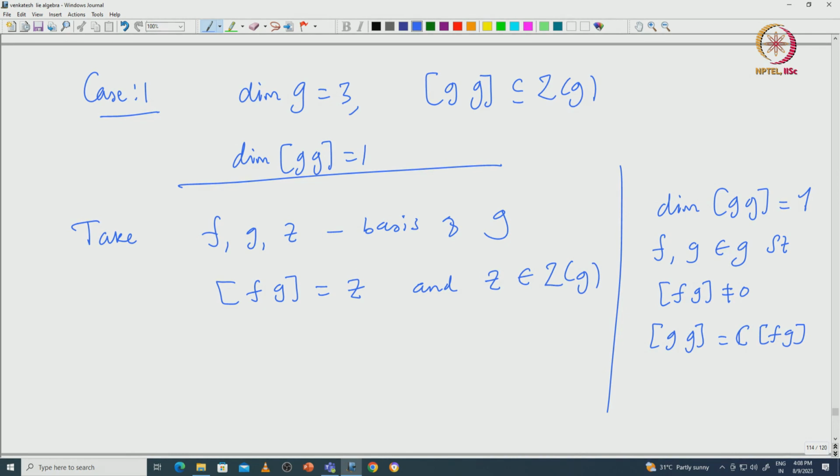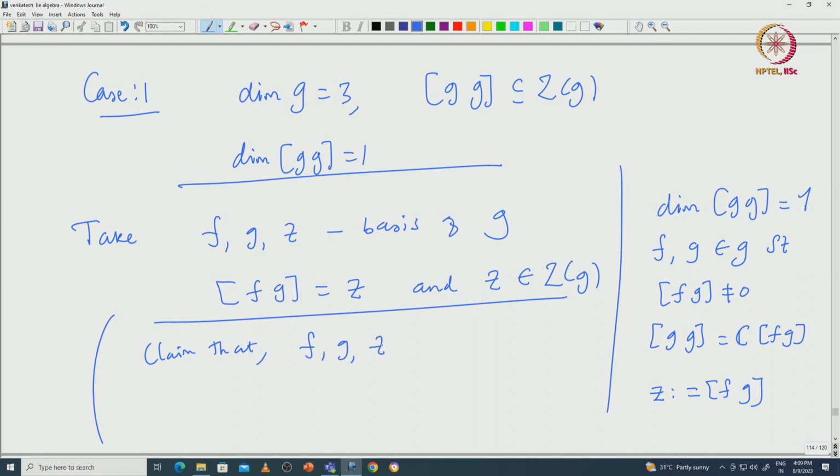So now what we claim, if you call this z to be this bracket f g, then one can claim that this f, g and z will be linearly independent elements of G. Okay.